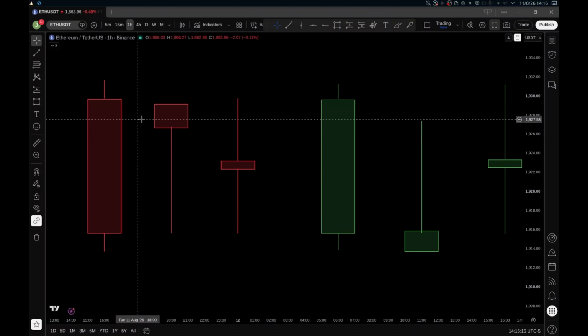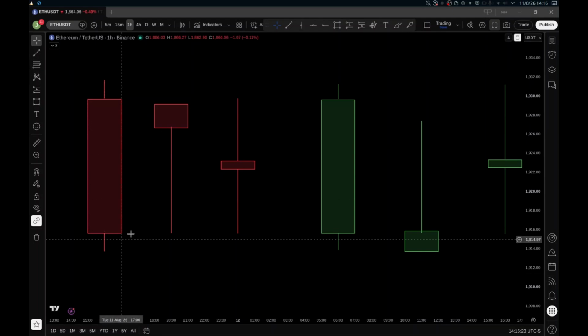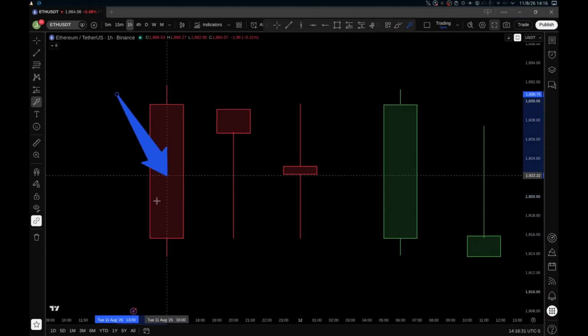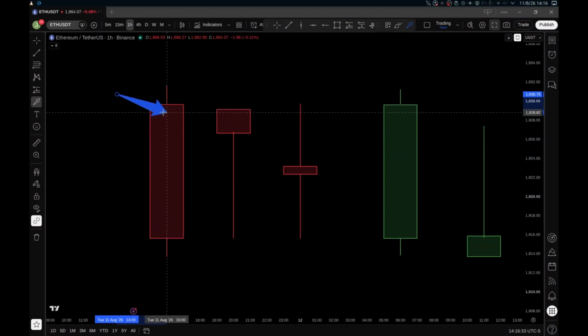These colors can be changed in TradingView, but usually the standard colors are those, right? Red for bearish or going down, and green for bullish. In this case, what I'm going to show you will be the open. All of this thing is called the body of the candlestick.